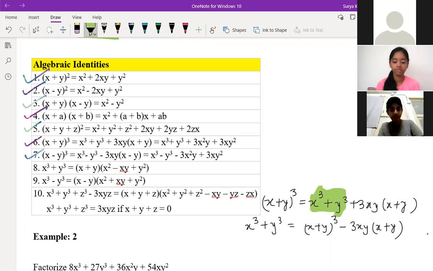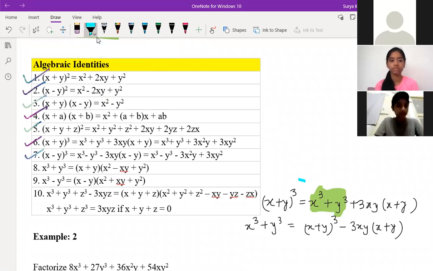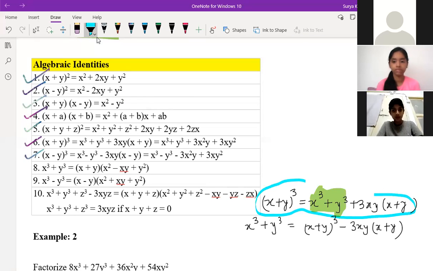Okay, you are not clear with this. Fine, no problem. I'm telling you once again. This formula you know or not? Tell me. Which one, sir? (x plus y) whole cube, sir. Yes, this formula you know or not?